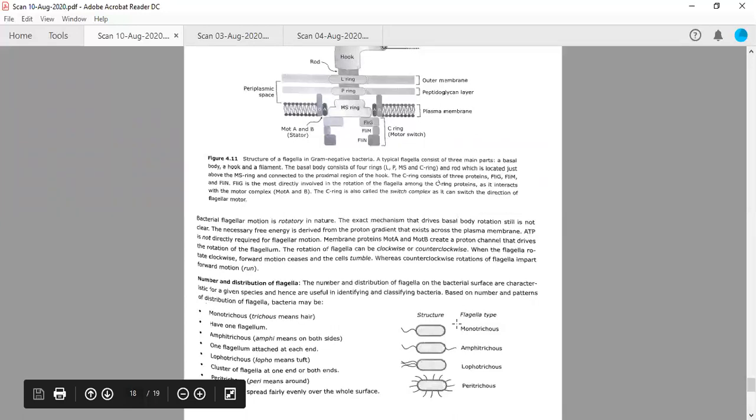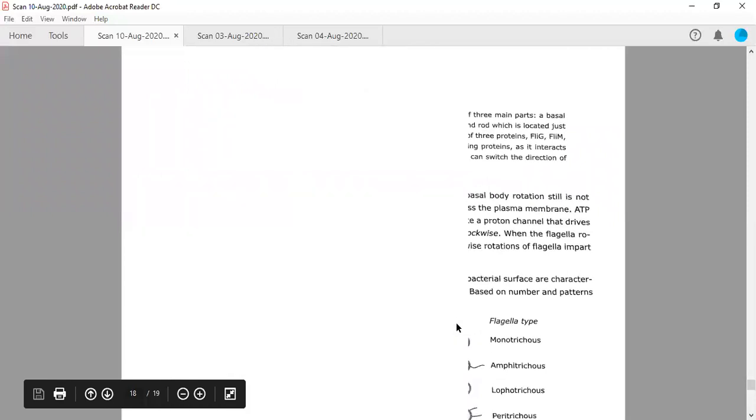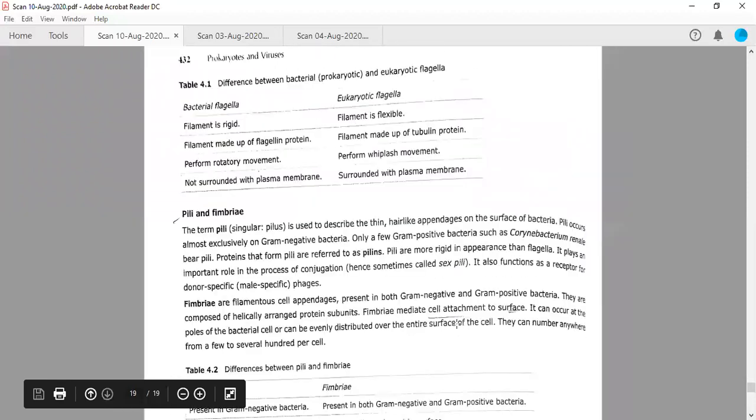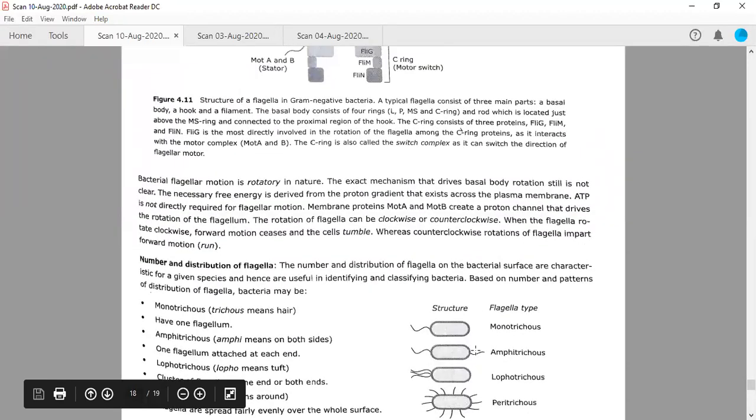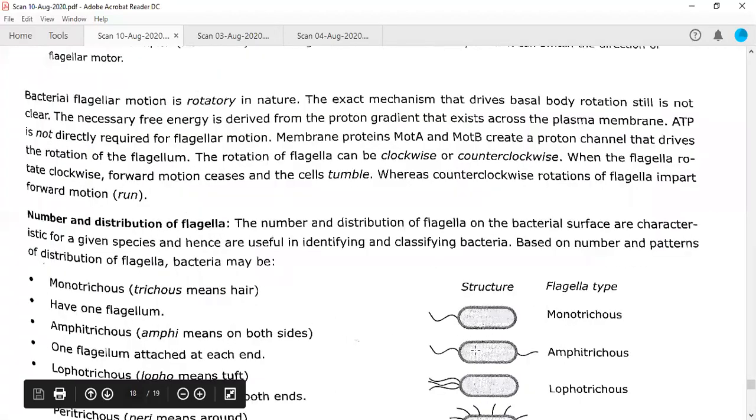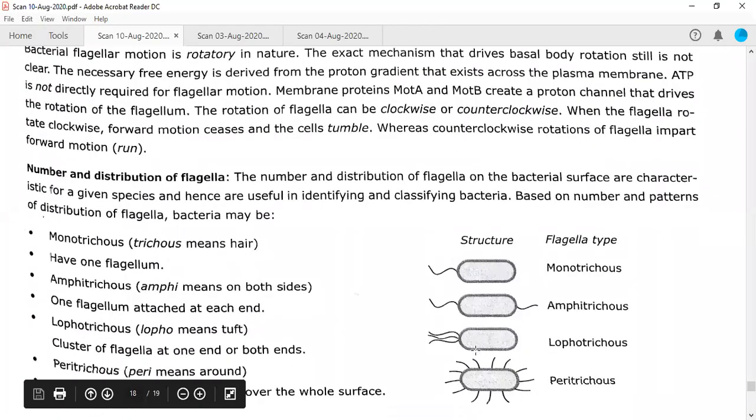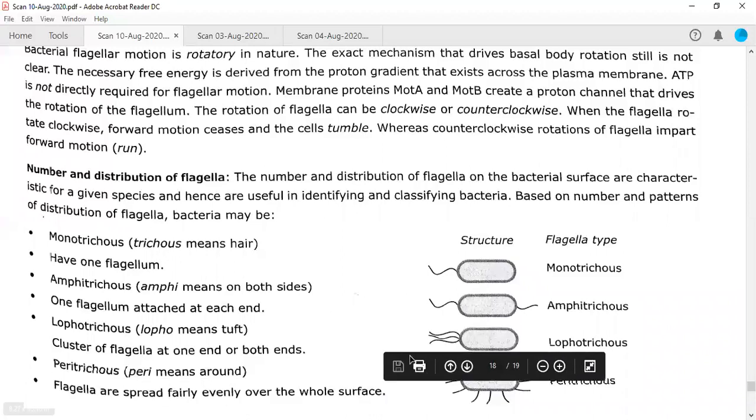Okay, so actually I have discussed this particular structure in previous class. Therefore, I directly came to this particular structure. So depending upon flagella, you can name the bacterial cell. If it is not having a flagella-like structure, it can be atrichous. Okay, so I think it is given here also.